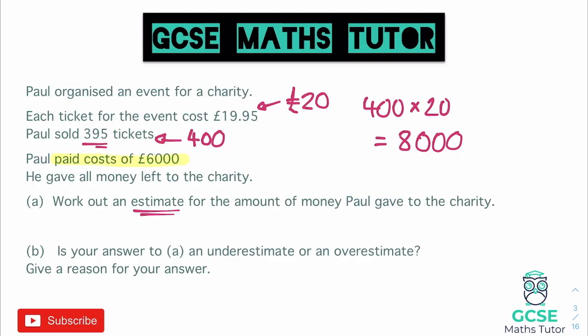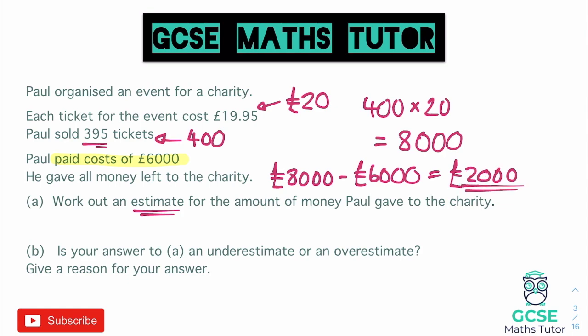So that means he's made £2,000 profit, because if we take the £8,000 that he made selling the tickets, take away the £6,000 costs that he had to pay, that's left him with a profit of £2,000. And that £2,000 is what he's going to give to the charity. So it says he gave all money left to the charity, so that £2,000 which he would have made, he's given it all to the charity.